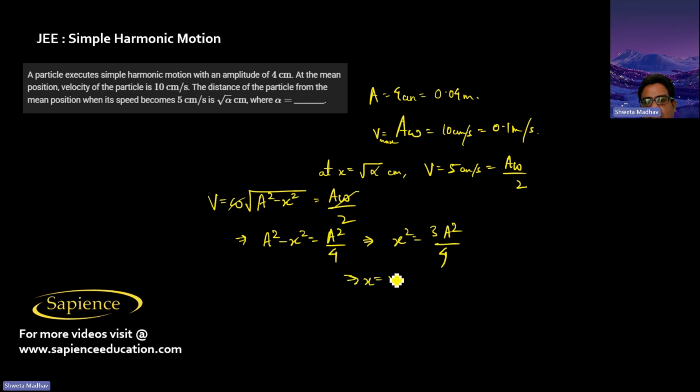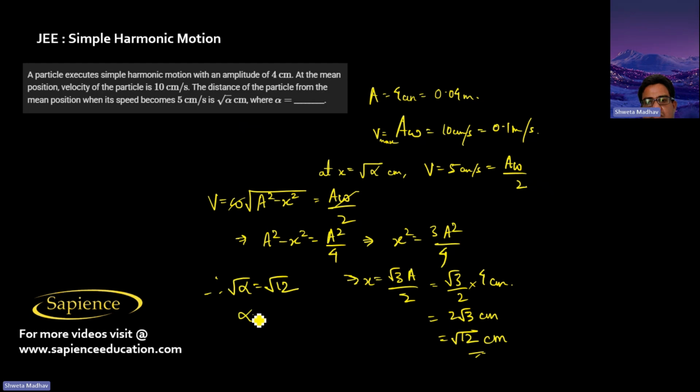Therefore, x will be equal to root 3a by 2. It means it is root 3 by 2 into 4 centimeter. Means it is 2 root 3 centimeter, or I can say it is root over 12 centimeter. Therefore root alpha is equal to root 12. So alpha is equal to 12. So 12 is the answer.